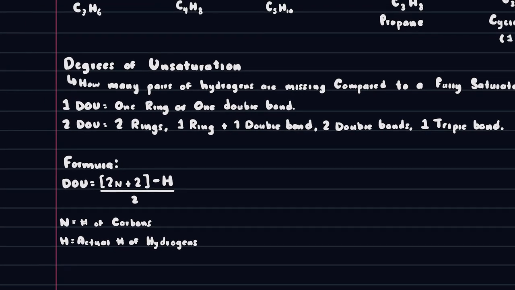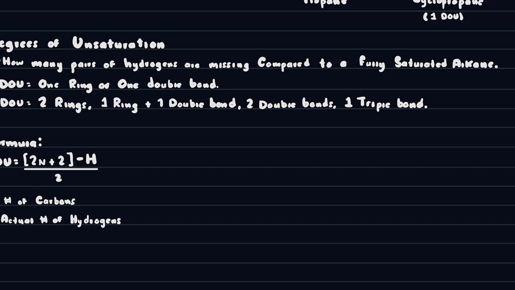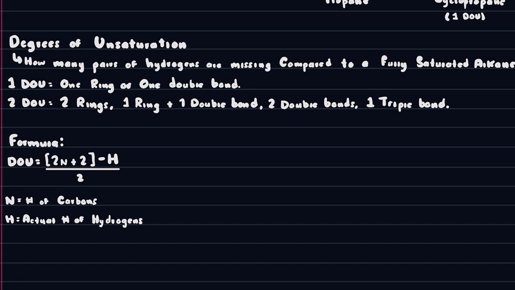The degrees of unsaturation are basically just a mathematical way of interpreting a loss of all the possible maximum hydrogens that the hydrocarbon could be bonded to. It is essentially how many pairs of hydrogens are missing compared to a fully saturated alkane.